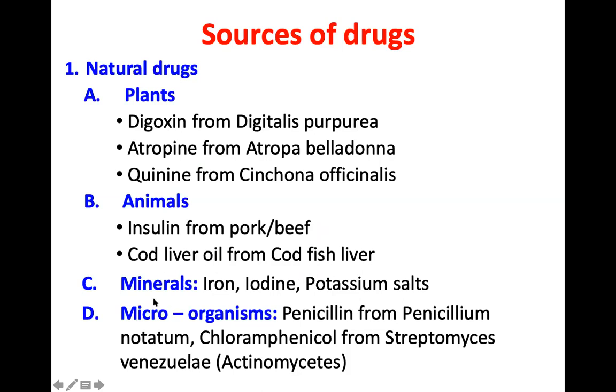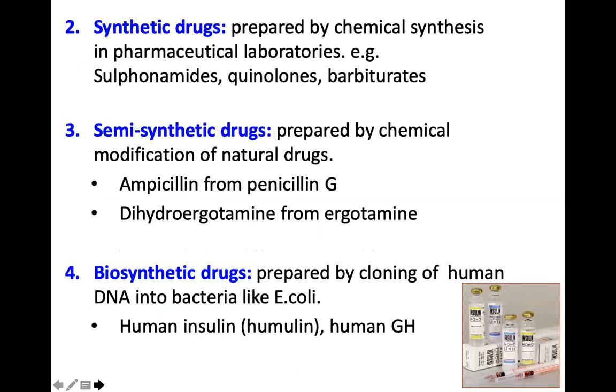Then there are certain minerals like iron, iodine, potassium salts, and then microorganisms such as penicillin from Penicillium notatum, and chloramphenicol from actinomycetes. So these are the natural derived drugs.